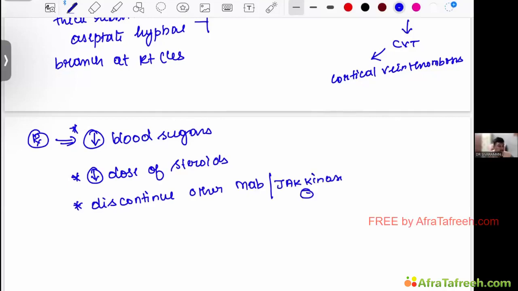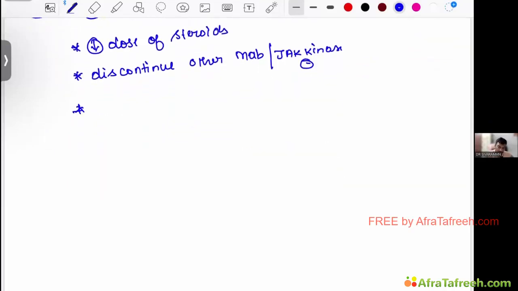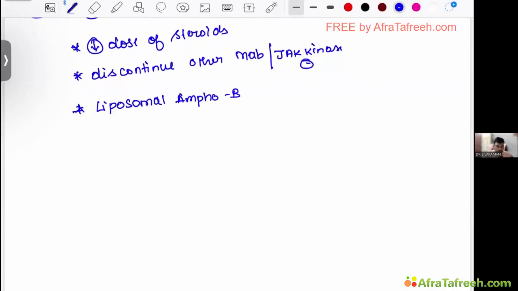So you stop these drugs. Then you go for treatment with liposomal amphotericin B, which is more preferred than amphotericin B deoxycholate.